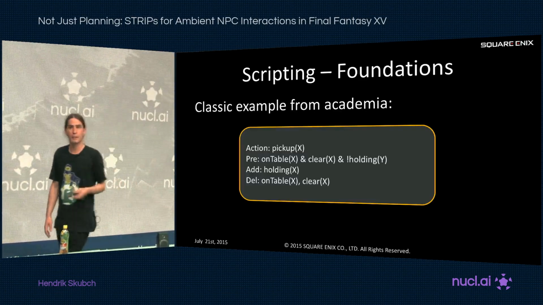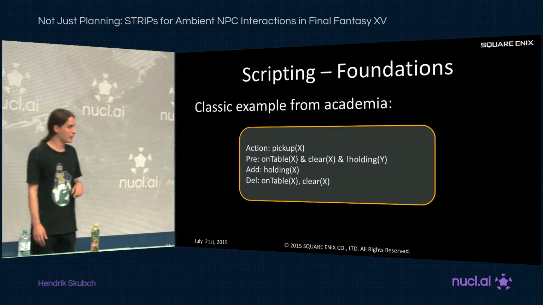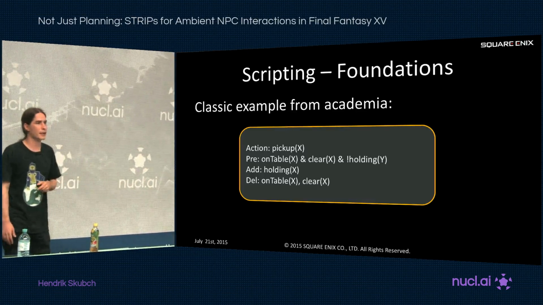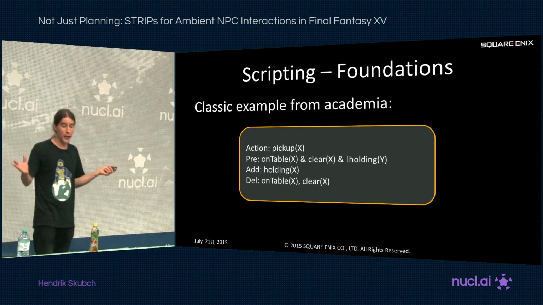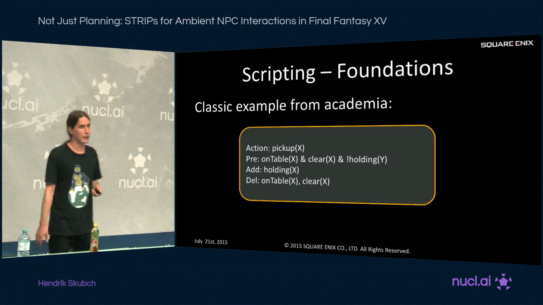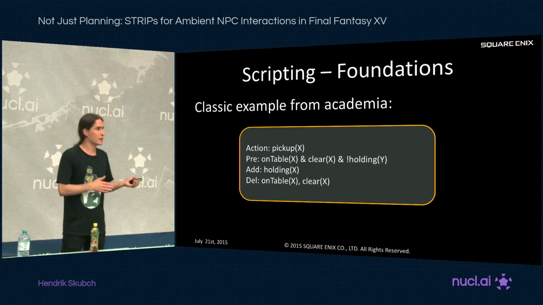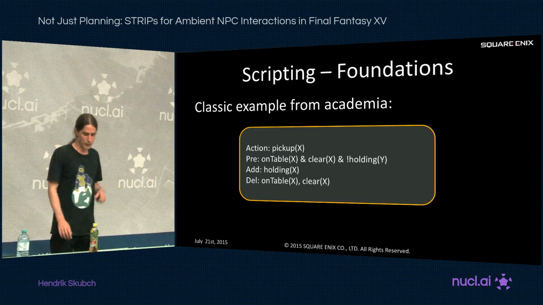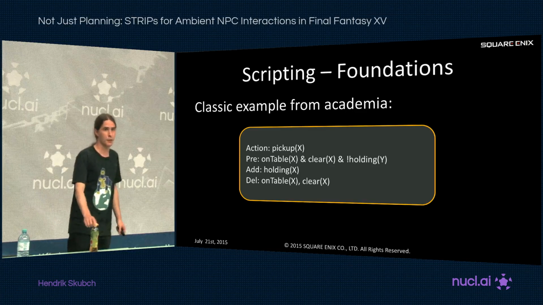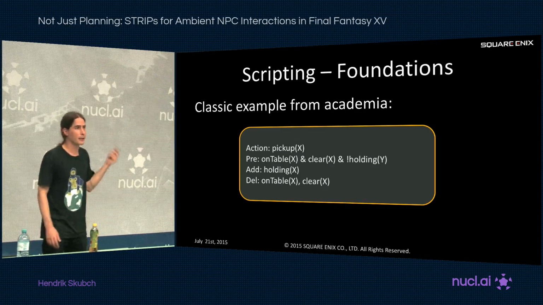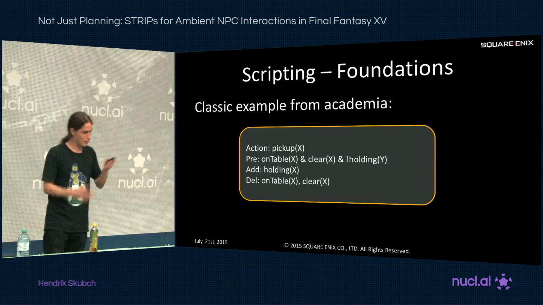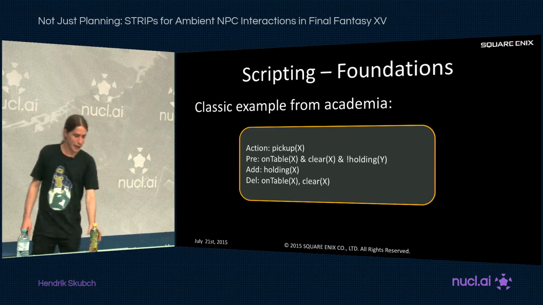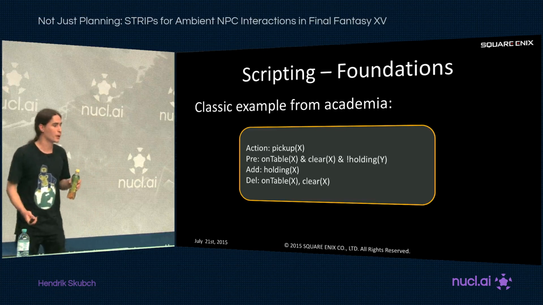A quick example coming from academia is that we have an action description like this, where we have an action called pickup, to pick up an object X, and it has a precondition that has to be satisfied before we can execute this action. So, for example, that object should be on the table, it should be clear of anything, and I better not hold anything in my hand. And once I pick that object up, I modify the state of the world.